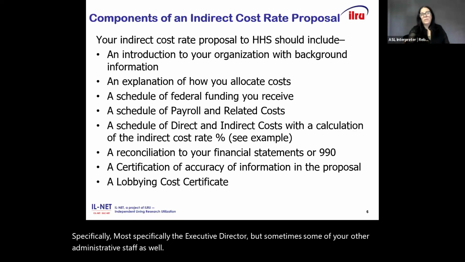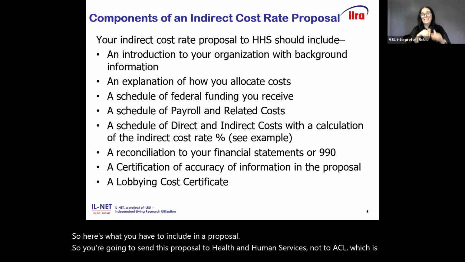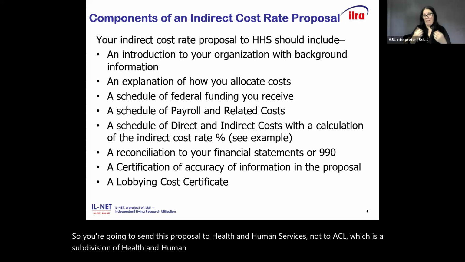So here's what you have to include in a proposal. You're going to send this proposal to Health and Human Services, not to ACL, which is a subdivision of Health and Human Services. And I'll give you a link on where you send it in a minute.